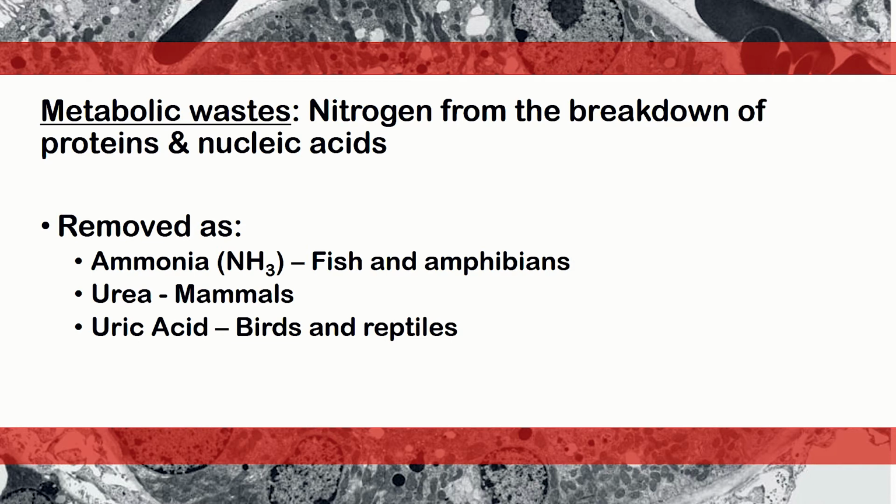Now we said that terrestrial animals, especially the tetrapods, run into other problems with this. Particularly in the case of mammals, we can't lose so much water. As a result, we have a tendency to take that ammonia and convert it into a less toxic form called urea. In the case of birds, they have a second problem entirely. That is that they like to fly.